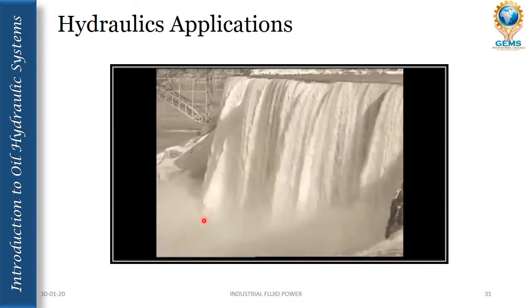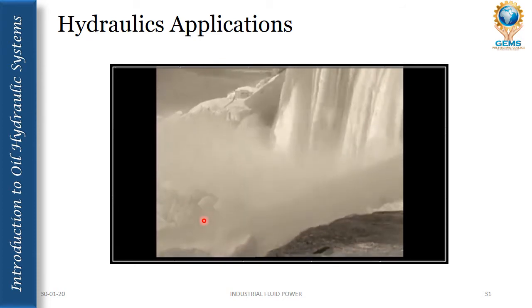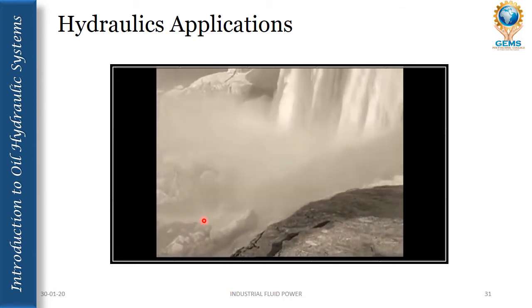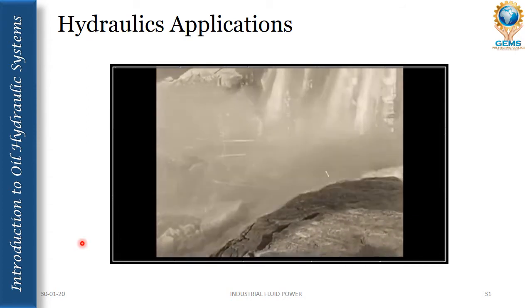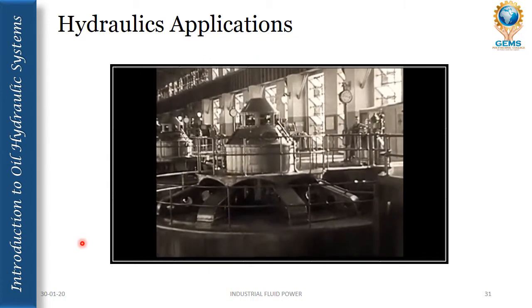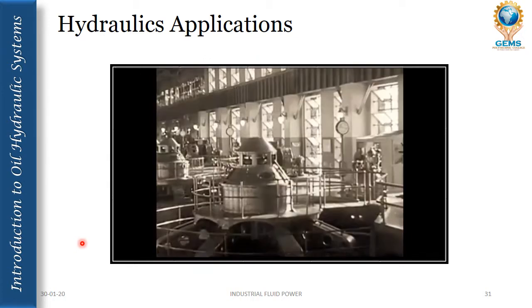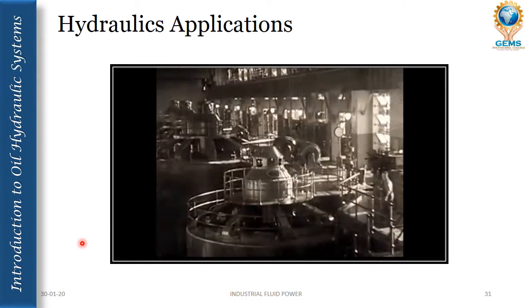So now let's see how hydraulics came into existence for this many applications in this video. Over the brink of Niagara Falls, 1,000,000 tons of water pour, and 212 feet below, the mighty torrent falls against the blades of huge turbines, creating horsepower to light 275 cities, towns, and villages, and run the motors of thousands of factories.